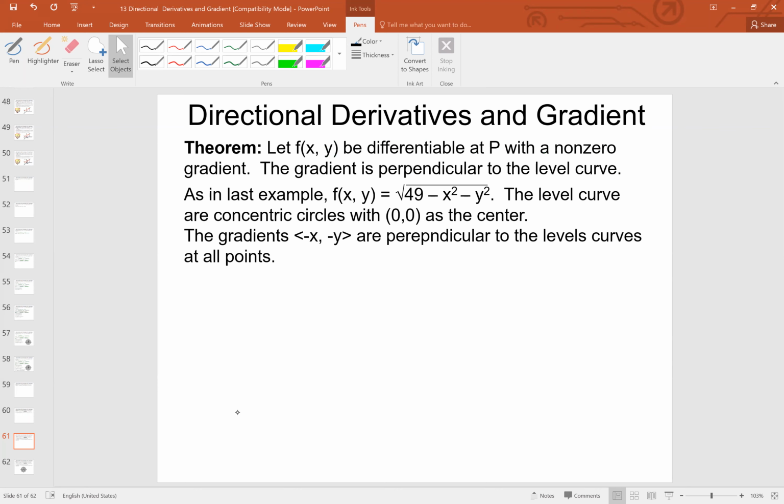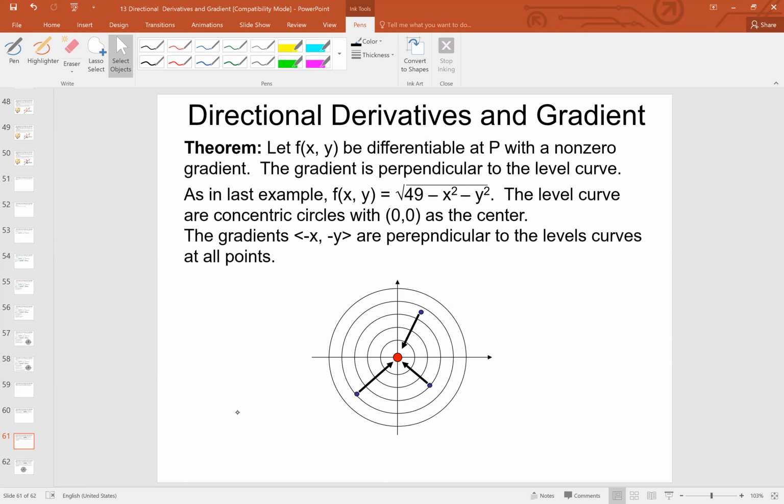But that slope is supposed to be the dot product between the gradient and the direction of the path of the level curve. So that means the dot product being 0 means they are perpendicular. So the gradient is always perpendicular to the level curve. And that's interesting. Okay, that's the importance of the gradient.